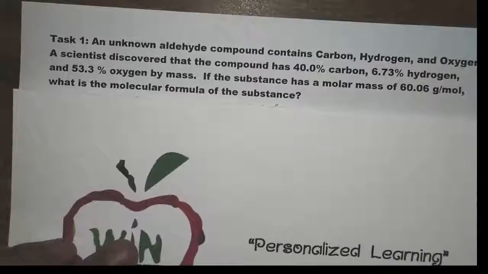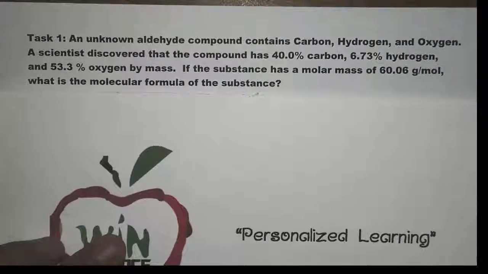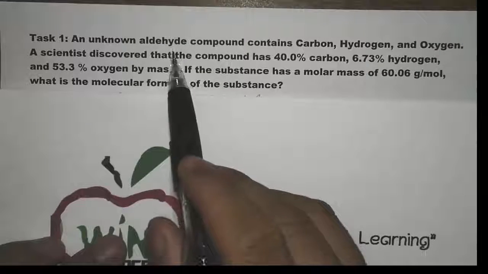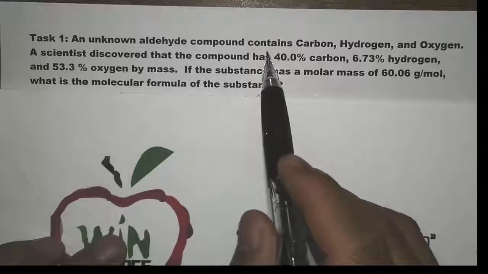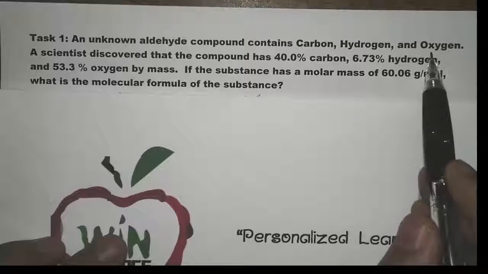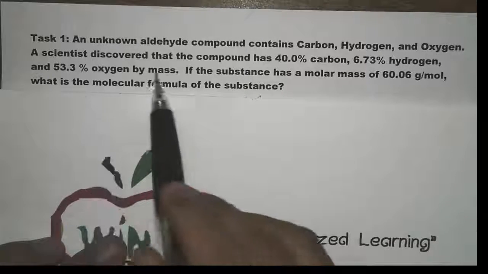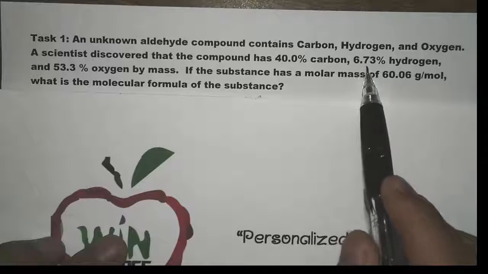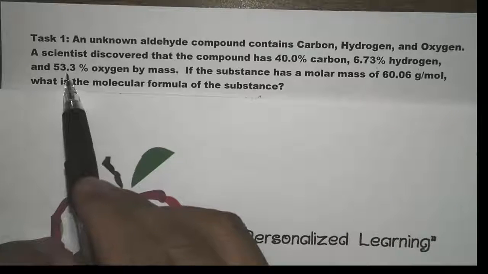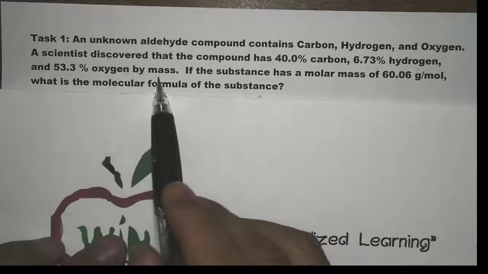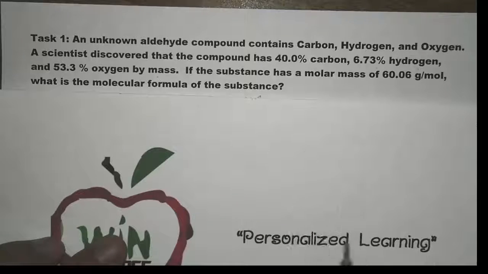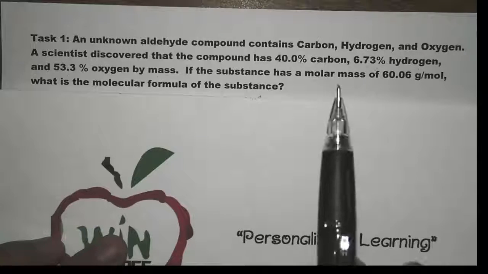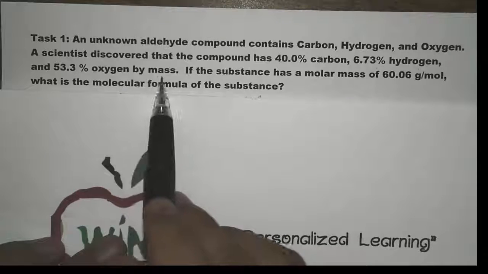And let's try a sample problem together. In this problem, I have an unknown aldehyde, and this aldehyde contains carbon, hydrogen, and oxygen. A scientist discovered that the compound has 40% carbon, 6.73% hydrogen, and 53.3% oxygen by mass. Notice we are not given the empirical formula, but we are given percent by mass.